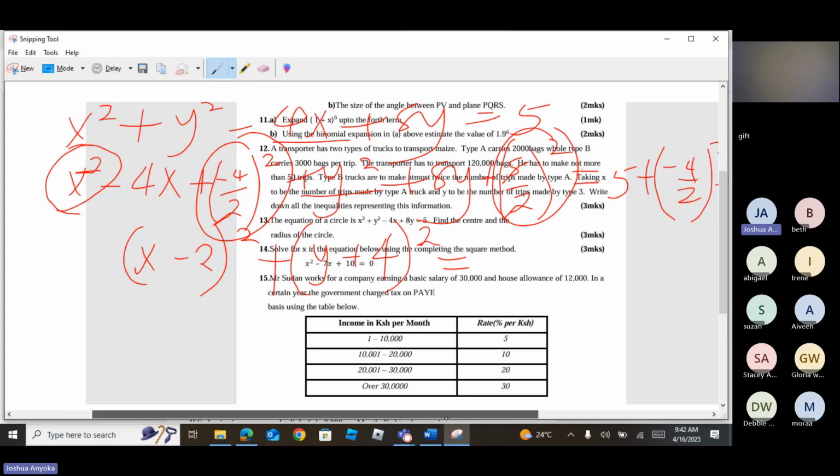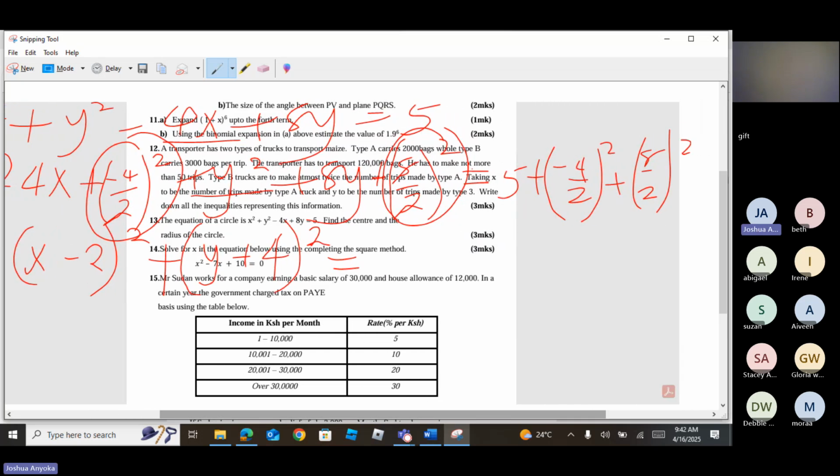This equals, on the other side, 5 plus 2 squared, which is 4, plus 4 squared, which is 16.